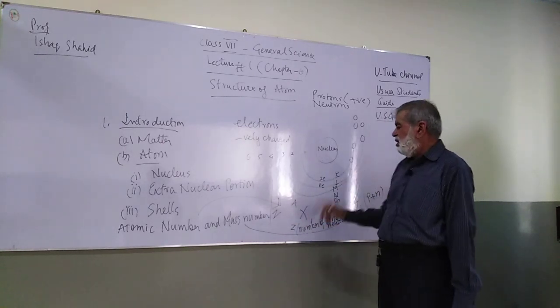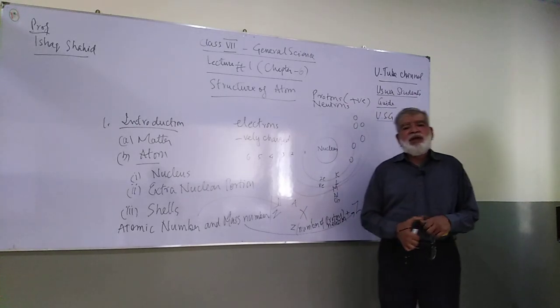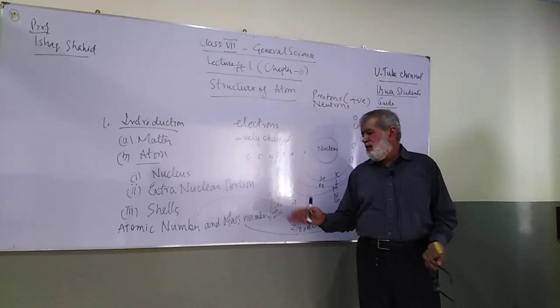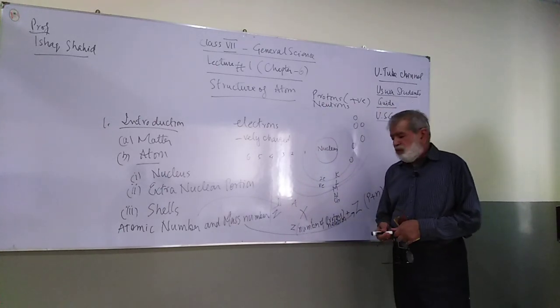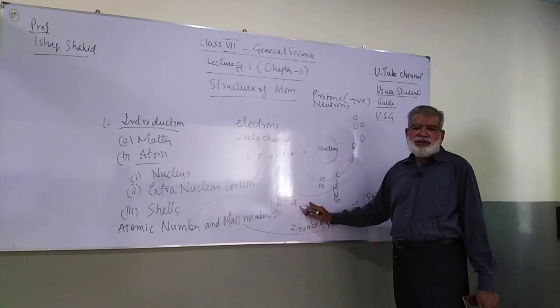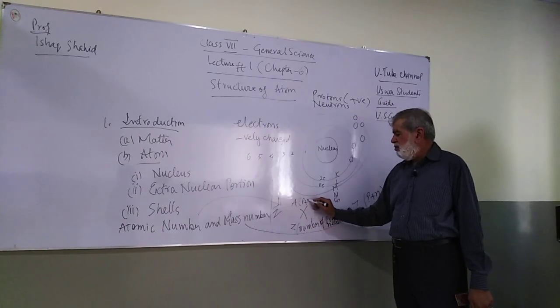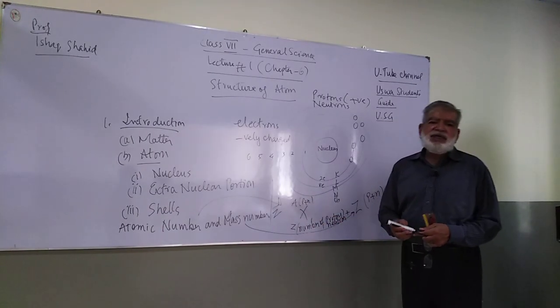So atomic number is the number of protons and mass number is the number of protons and neutrons. So A is the number of protons and neutrons, P plus N. So this is how we write.